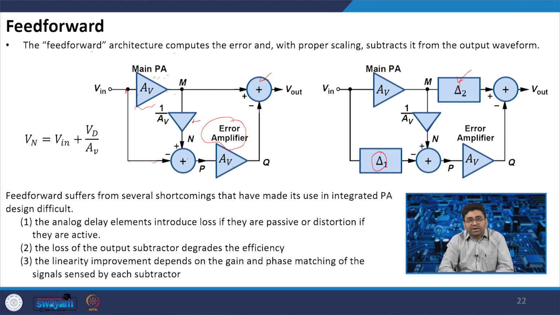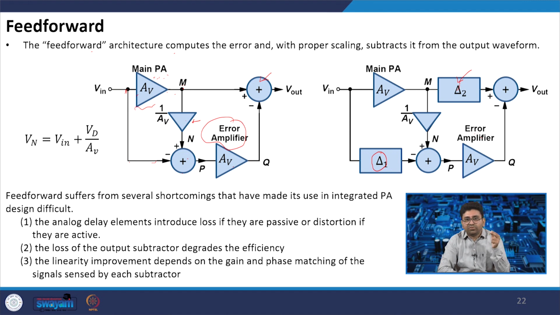So, feed forward suffers from several disadvantages that make its use in integrated PA design difficult. The analog delay elements introduce a loss if they are passive, or distortion if they are active. So, it will add a loss and a distortion.